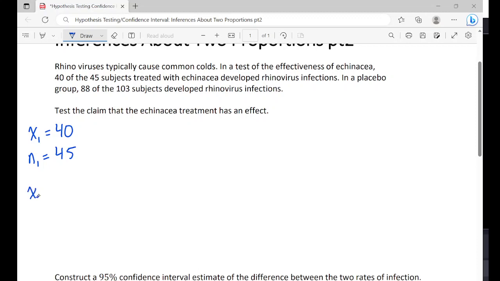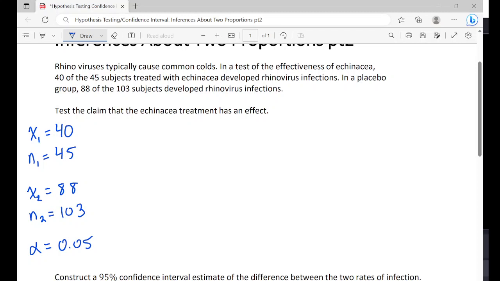So x2 is going to be 88, and n2 is going to be the total number of people in that group, which is 103. Now here we do not have our significance level. Since it's not given to us, our alpha value is going to be 0.05. So if it's not given to you, you default to 0.05.